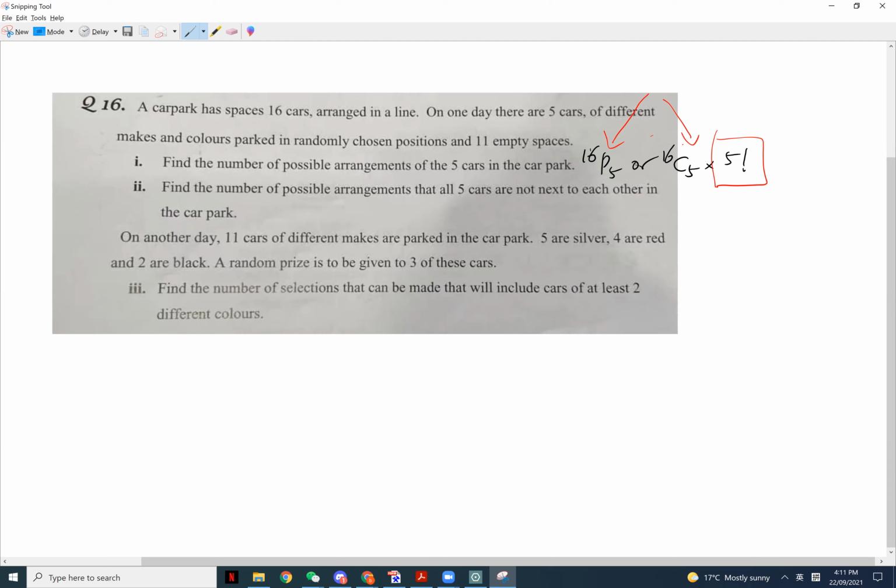Cars are not next to each other. Oh yeah, William X, did you check my answer? Is that correct? William X, what's the answer for the second part?